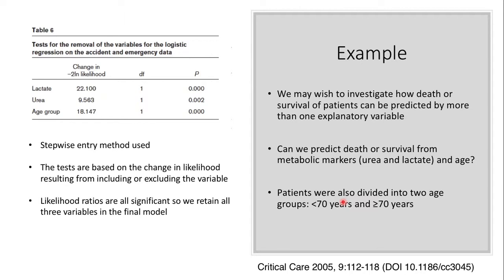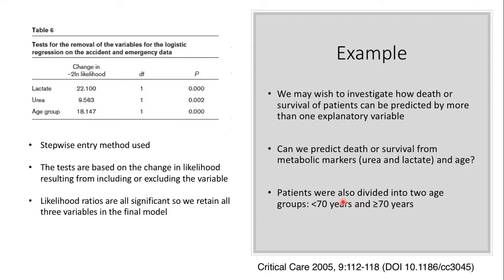Here it shows that when they're looking at additional tests that go into the analysis, this is where they'll report these likelihood ratios. What they did in this particular model was stepwise enter the variables into the model using lactate, urea, and age group.